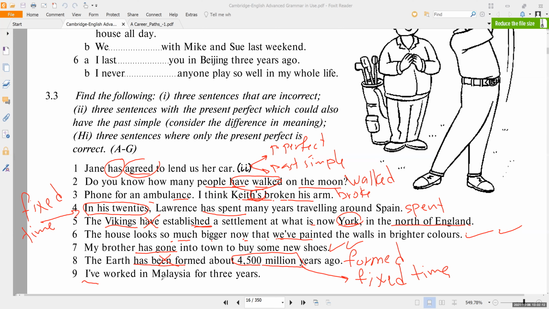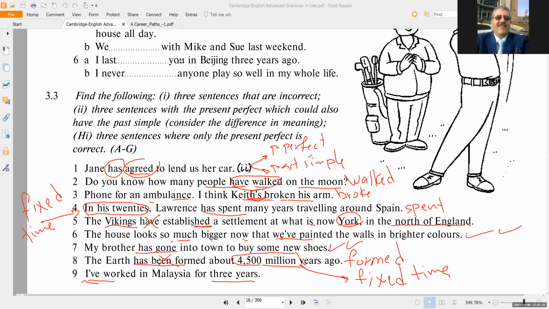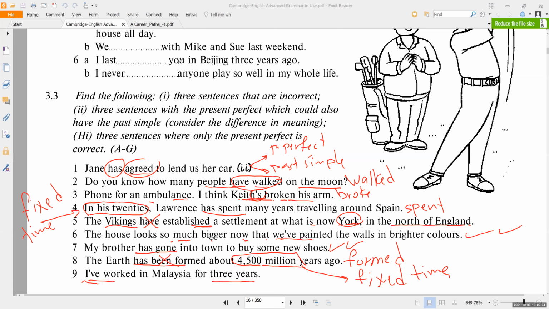Number 9, I have worked in Malaysia for 3 years.